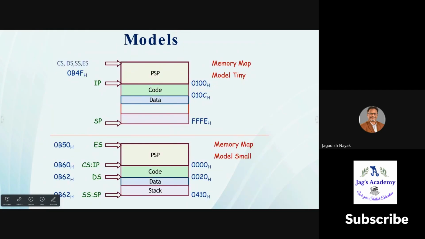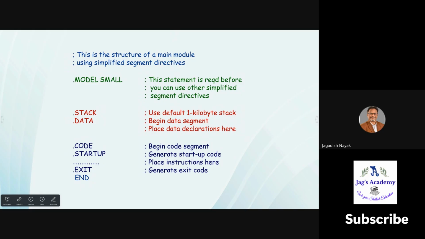These are the different types of models: tiny model within 64 KB, and small model with 64 KB for data and 64 KB for code.